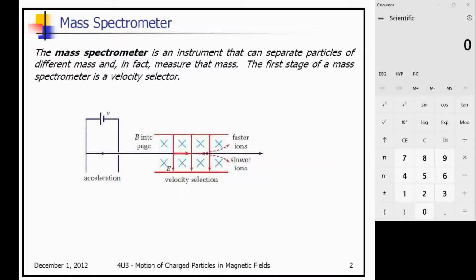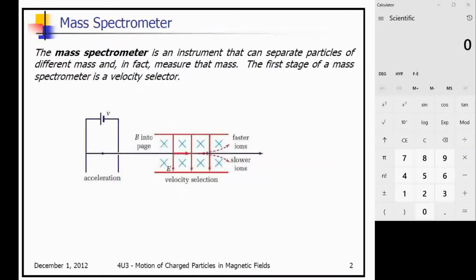The mass spectrometer applies a force of, say, 1.0 times 10 to the negative 9 newtons on that. That particle will be deflected by that force.